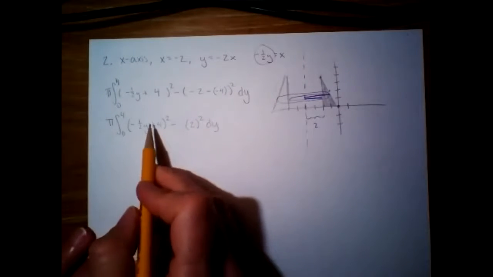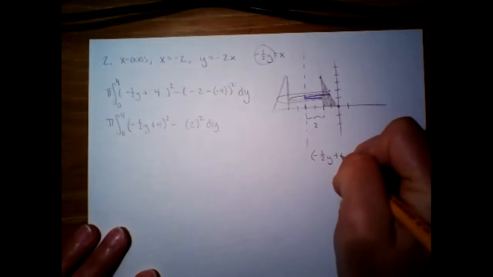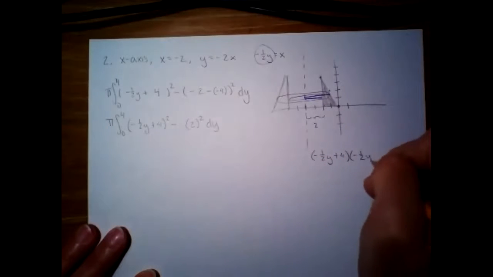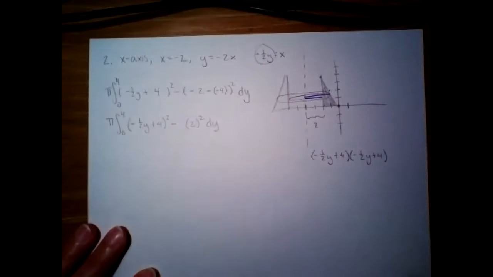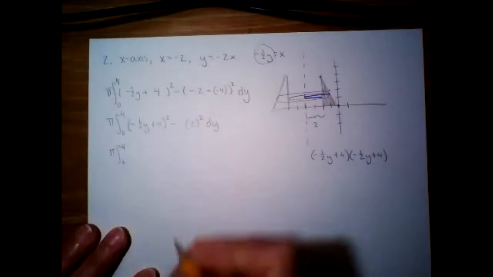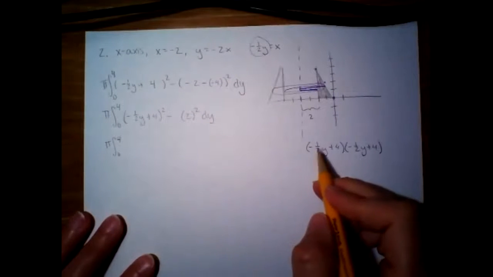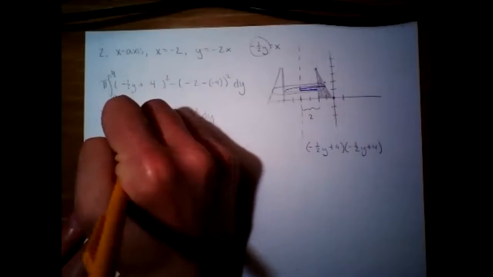All right, so you did have to do this one by hand. You're going to have to multiply this out. Off to the side here, I'm going to write -1/2 y plus 4 twice. And we're going to distribute all of that to each other. So I'm still writing the integral symbol because I didn't do the antiderivative yet. I'm still doing all this algebra. We have to multiply all this together. So that will be positive 1/4 y squared.